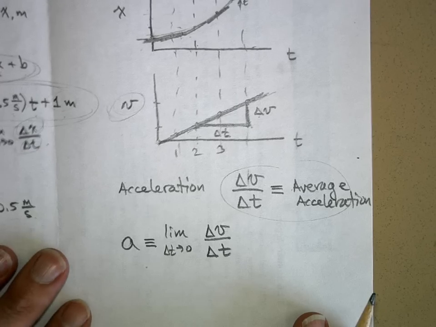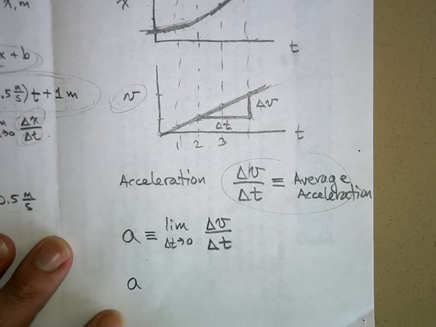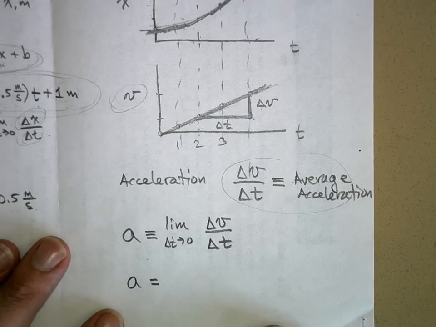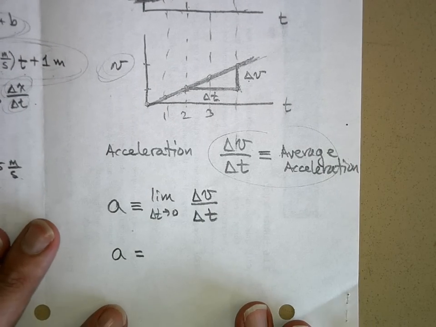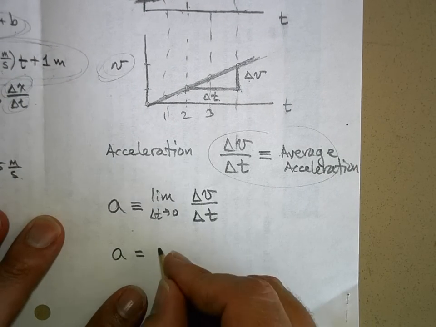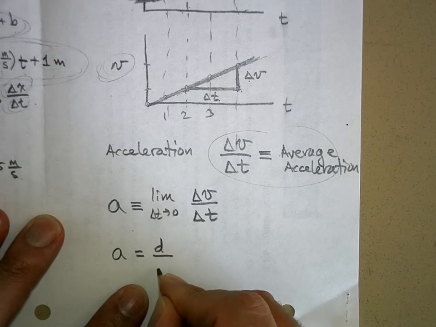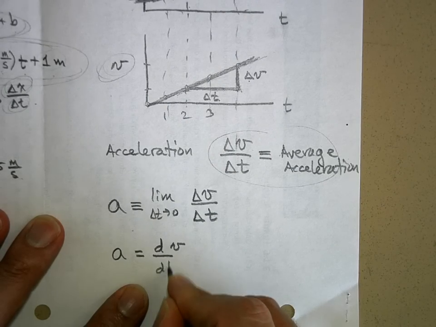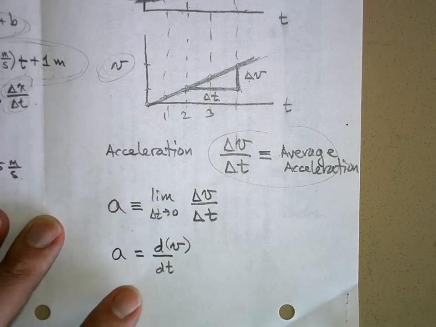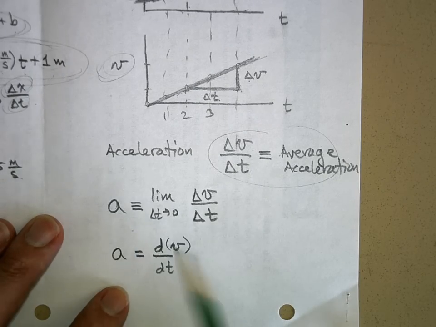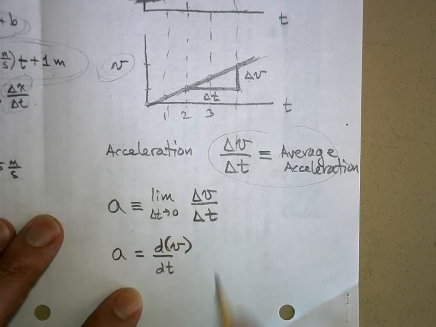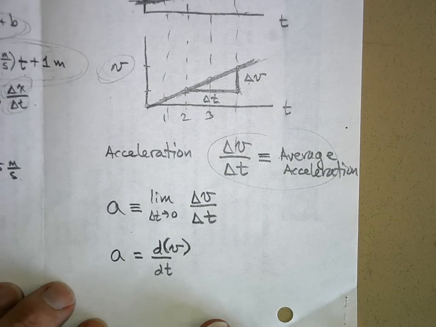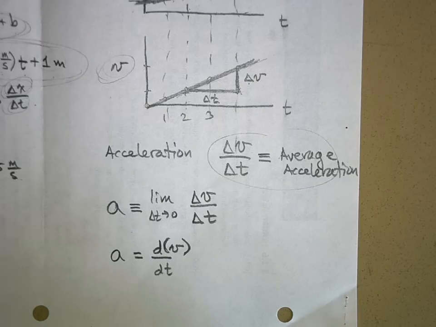We can say that A, the acceleration, is equal to, by definition, dv dt. Okay? Now, notice that I put this in parentheses right here. That's because I want you to think of the derivative as a mathematical operator, okay?